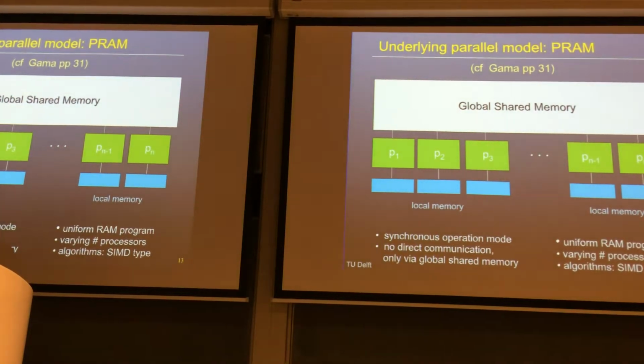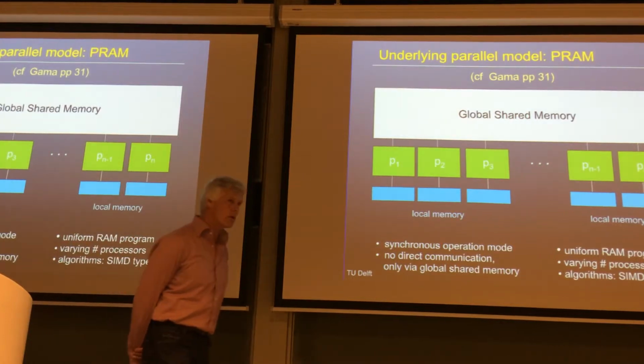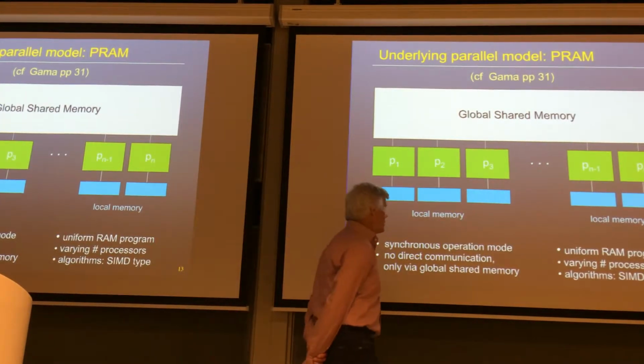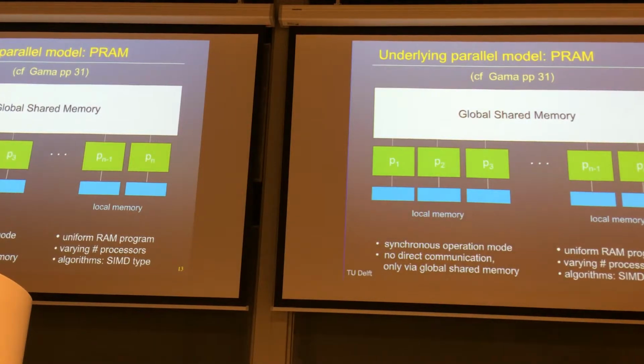Well, I assume that this should be known to everyone. What we have is a number of processors, each having a local memory and a shared global memory, and they are operating in a synchronous operation mode.